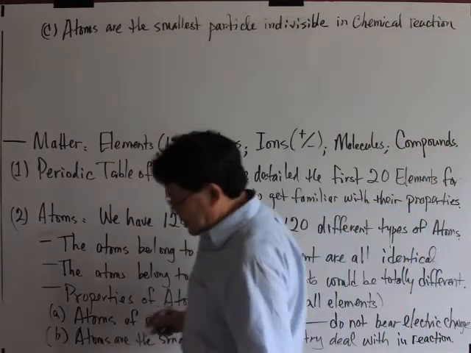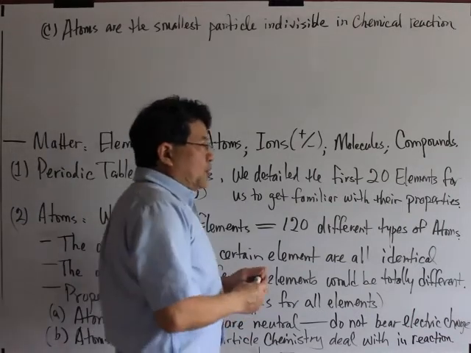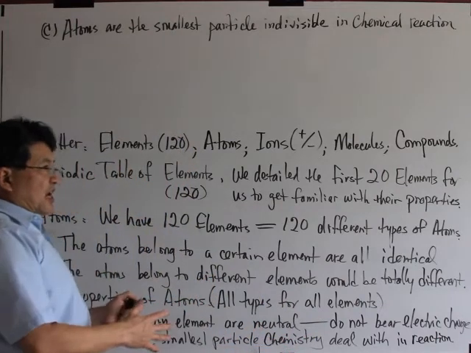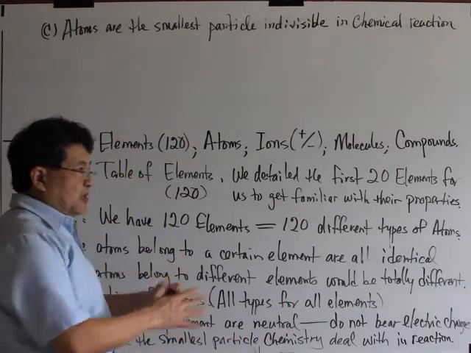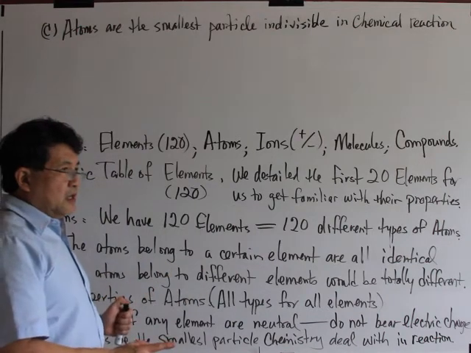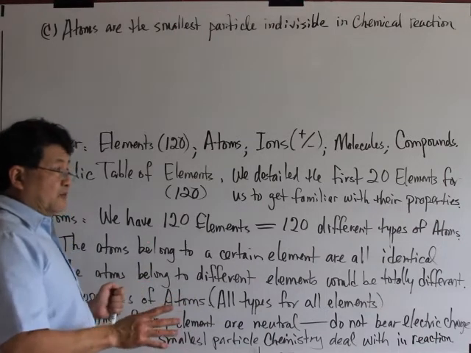In other words, atom is small. The subatomic particles, the proton, electron, and neutron, are going to stay inside the atom, not going to come out and split from the atom during the chemical reaction. But you have to be careful.